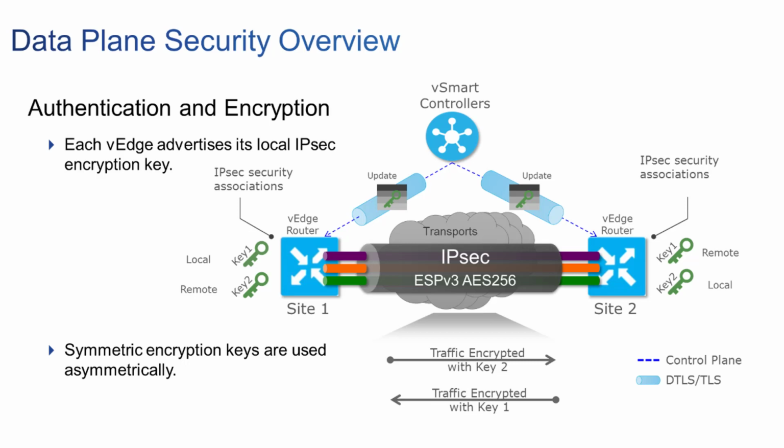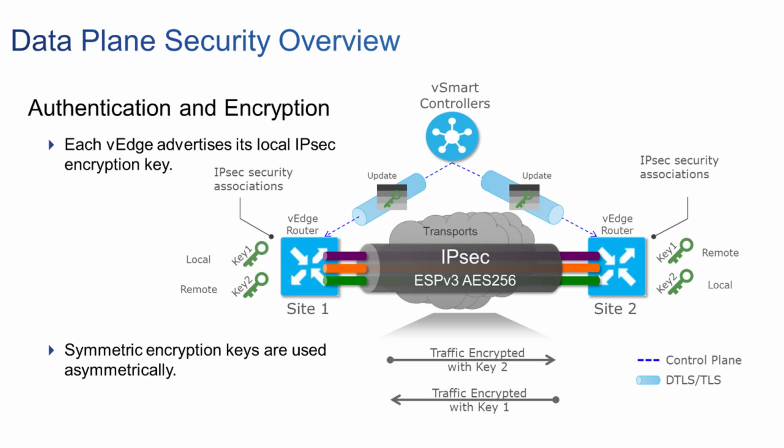Now, if control policies that are configured on the vSmart controller limit the communication channels between the devices, the reachability advertisements that are actually sent by the vSmart controller contain information only for the vEdge routers that you're allowed to exchange data with. So a vEdge router might learn the keys, but it's only going to learn the keys for those particular vEdge routers that they're going to be ultimately allowed to communicate with.